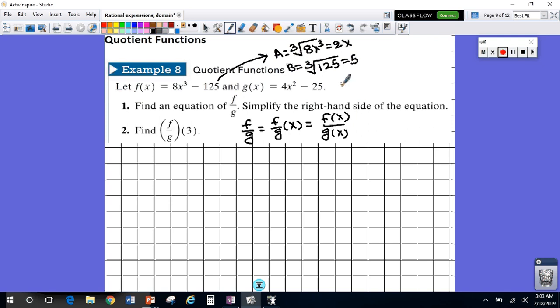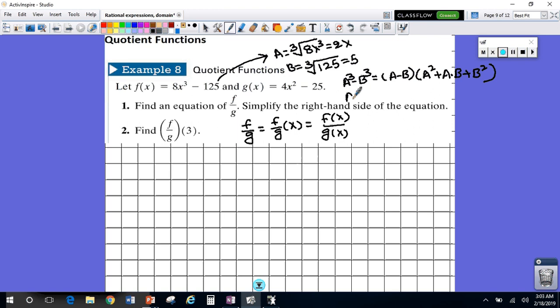So what is the a cube minus b cube formula? Do you remember? Anyway, I'll give it to you. a cube minus b cube equals a minus b times a square plus a times b plus b square. And what about this one?